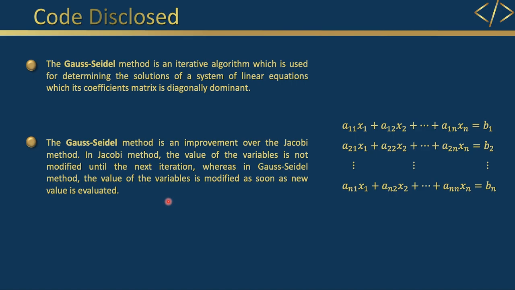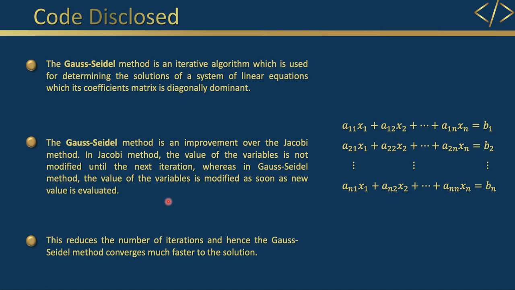So we don't wait until the next iteration; we use the values of these variables once they are calculated. Of course, this would reduce the number of iterations, as we will see in a moment when we go to the MATLAB code. It will reduce the number of iterations, and also it will converge to the solutions of the unknowns much faster.